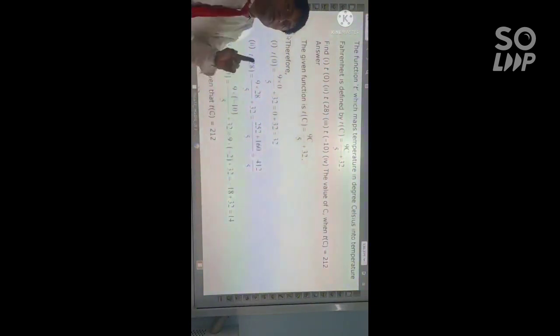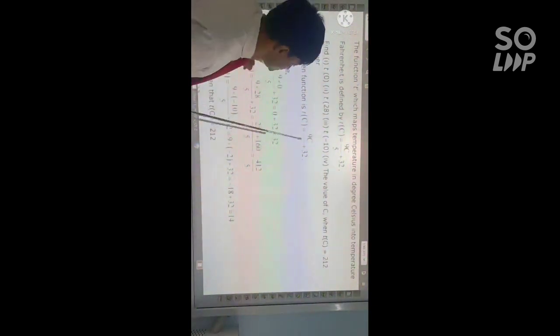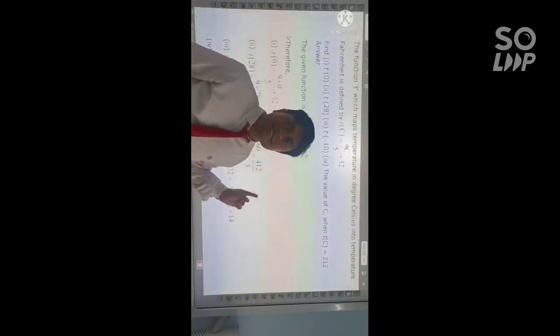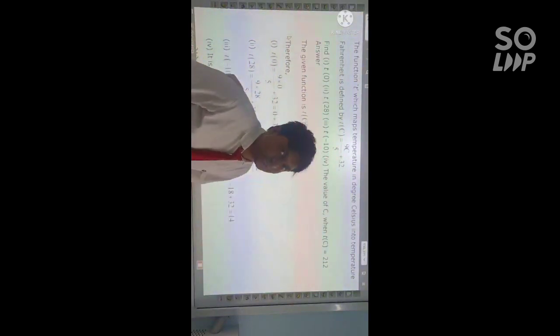When we put c equal to 28, we find t of c equal to 412 upon 5, and when we put minus 10, we find the value is equal to 14. So all values are different from each other and all values are real numbers. So we can say that this is a function.